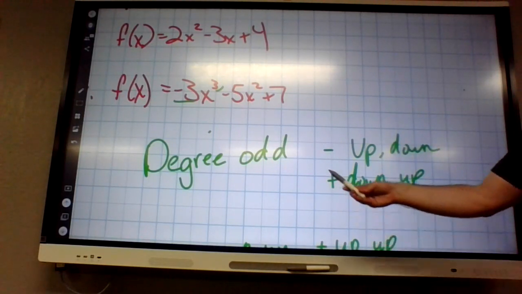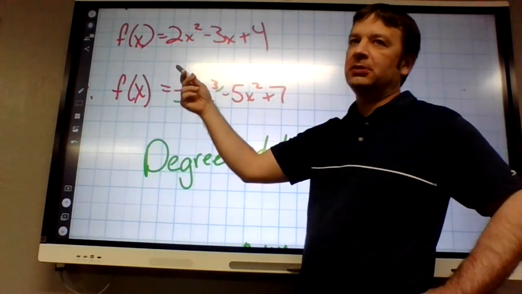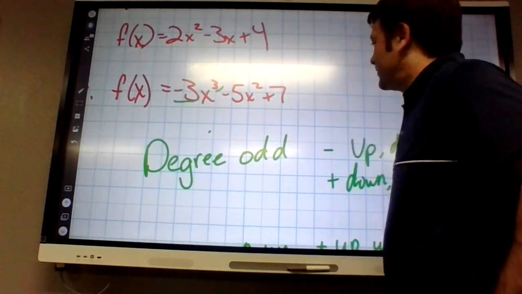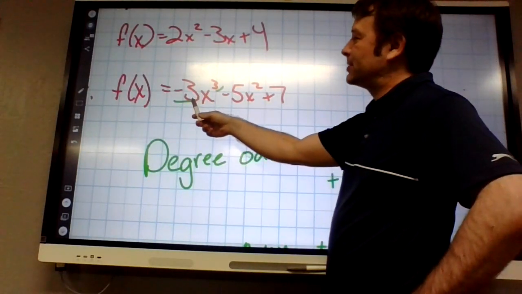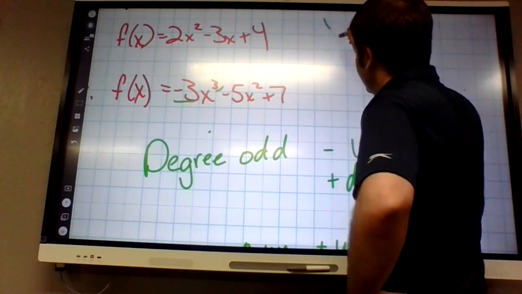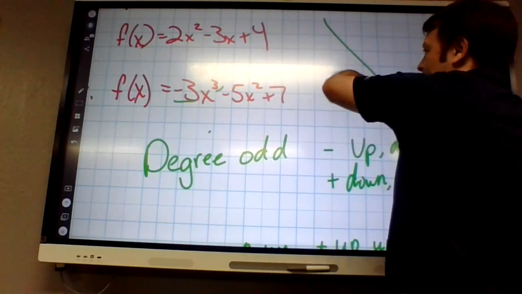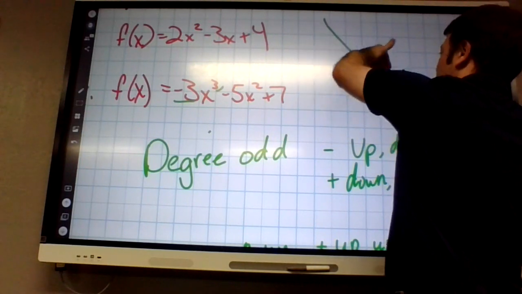You look at the degree and the leading coefficient. That's why they ask you for the degree and the leading coefficient. If it's negative, it doesn't really matter that this is a 3. If it's negative, it's going in a negative direction, like up to down. Negative means down, right? Like going down the stairs.